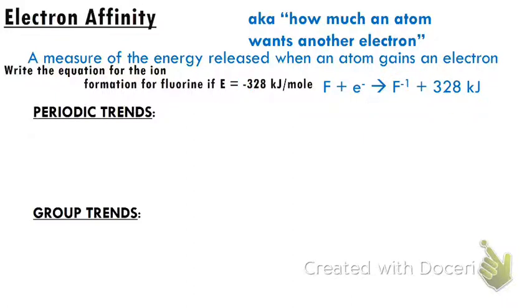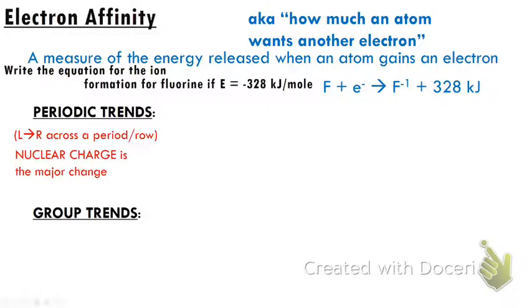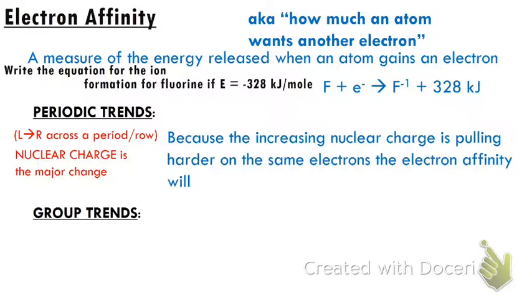Now, as we talk about the trends for electron affinity, remember, periodic trends, meaning the ones in a period or row, the nuclear charge is the major change happening in the atom. As we go across a row, the nuclear charge is increasing and making a stronger magnet at the center of my atom, which means that because the nuclear charge is pulling harder on the electrons, the electron affinity, how much that atom wants to attract more electrons, is going to increase.